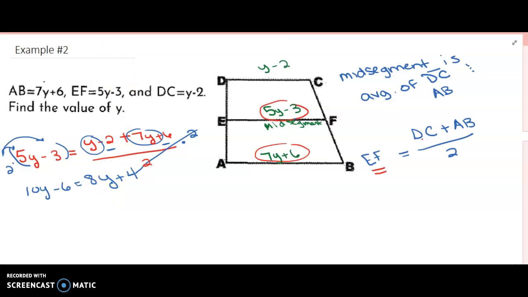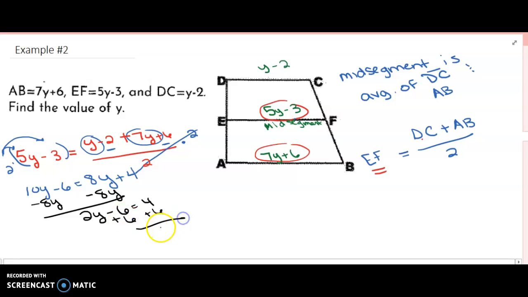Okay, now let's do some more algebra. So minus 8y, minus 8y, I get 2y minus 6 equals 4. Add 6, 2y equals 10, which means that y has to equal 5.